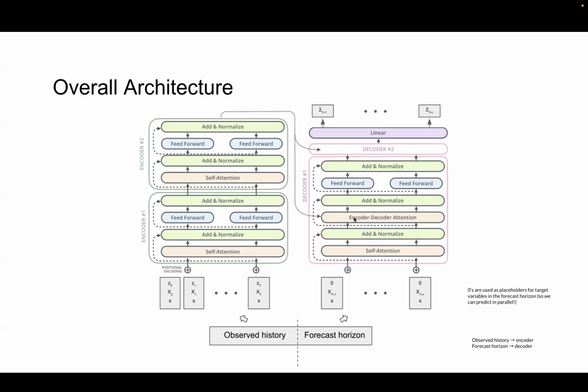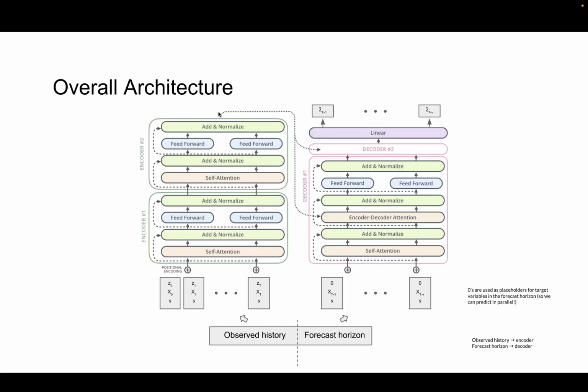We also do this encoder-decoder attention, which allows each time step in the forecast horizon to attend to each time step in the observed history. So this corresponds to the encoder-decoder attention.